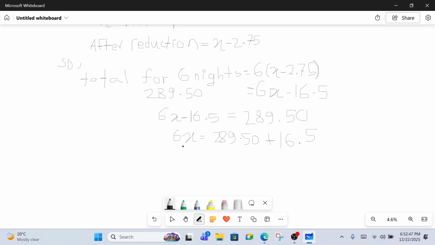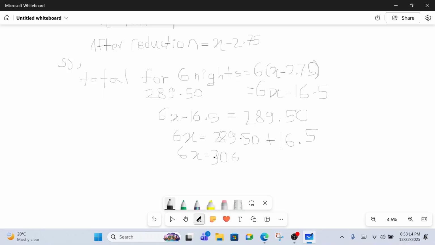Now do this on your calculator. 289.50 plus 16.5, wait, let me just do it real quick, gives you an answer of 306. Now it's time to find x.